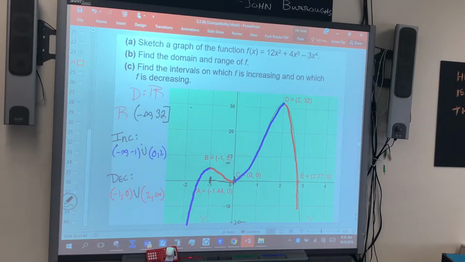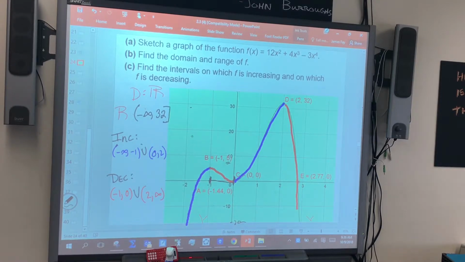Okay. So the notation for showing where we're increasing and decreasing is the same as what we use for our notation for domains and ranges, right? Okay. So hopefully that practice that we've been doing with writing interval notation can carry over, and we've gotten good at it, and we can easily identify these intervals.